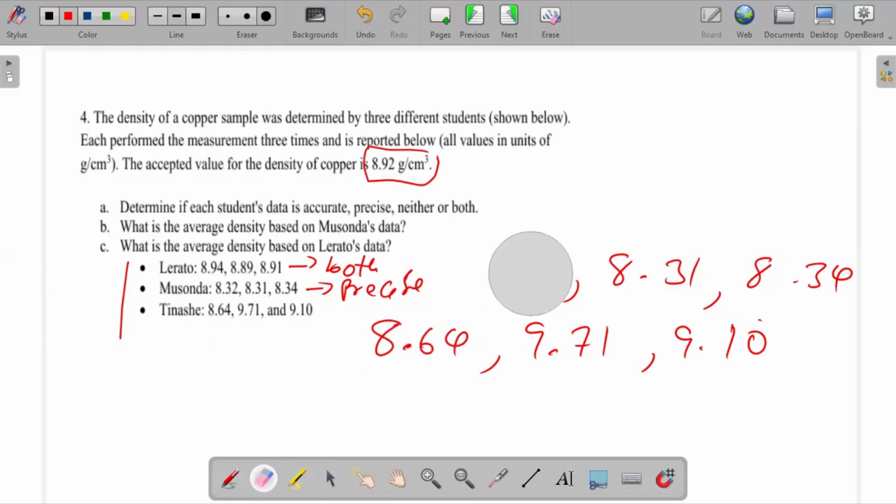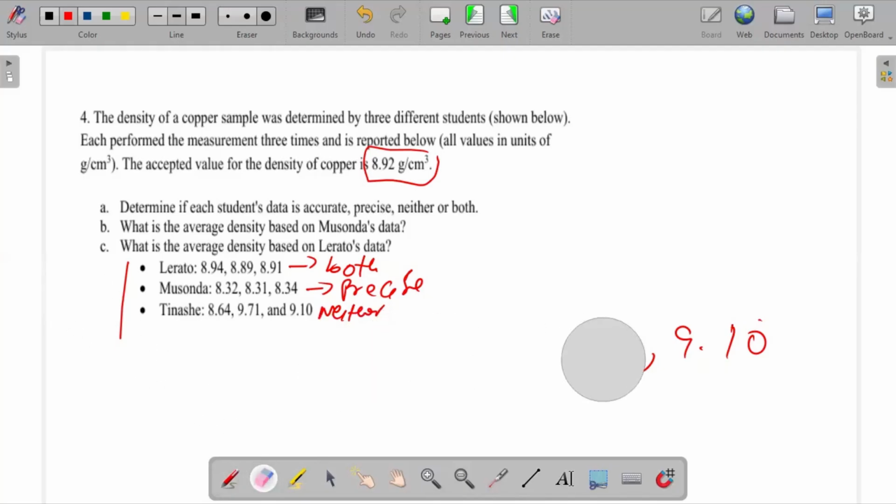No. If we compare these numbers, they are not close to the given value, and they are not close to each other. So it's neither precise nor accurate, isn't it? Okay, so that's what we have.